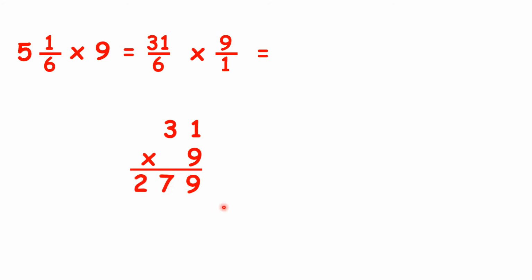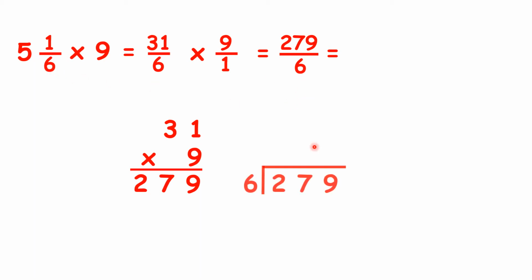Using column multiplication, 31 times 9 is 279. So as an improper fraction, we have 279 over 6. Now remember, an improper fraction is just a division. So to change our answer to a mixed number, we can divide by the denominator.